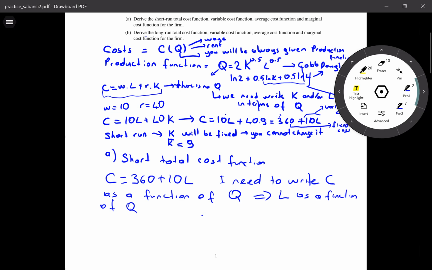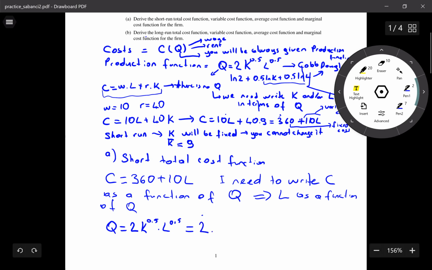So I will use the production function where I see Q and L at the same time. Since it is short run and the capital level is fixed, I will plug the capital level into this function. It will be 2 times 9 to the 0.5 times L to the 0.5, and what I have here is 6 times L to the 0.5.